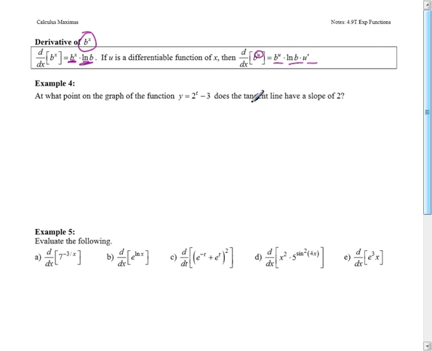We have a function, we're looking for a tangent line having a slope of 2, so we know we have to take a derivative. Alright, so dy dx, or y prime if you want to write y prime, equals, we have to take the derivative of 2 to the t.